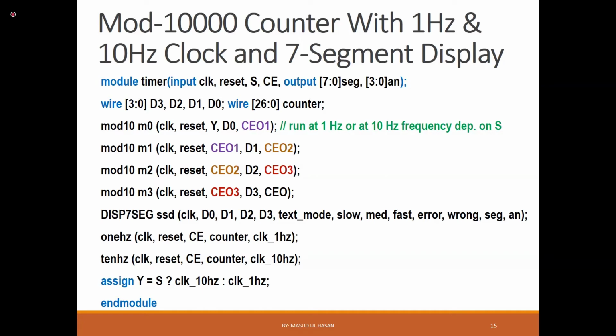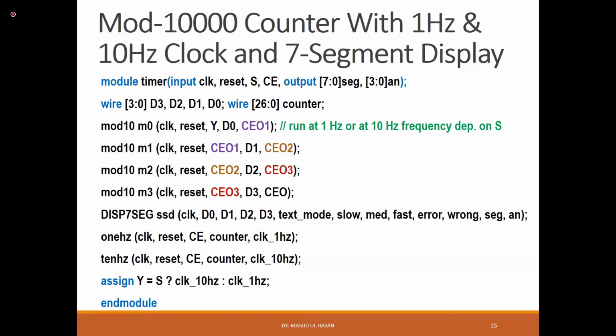Keep this 27 bit, no problem, but here you should have 7 nines. That will provide you 10 hertz. If you have 6 nines, it will provide you 100 hertz and so on. Then the rest is the same, only the CEO will provide you a 10 hertz clock.